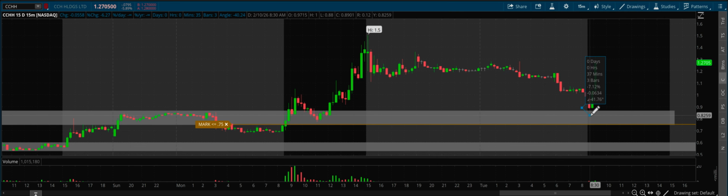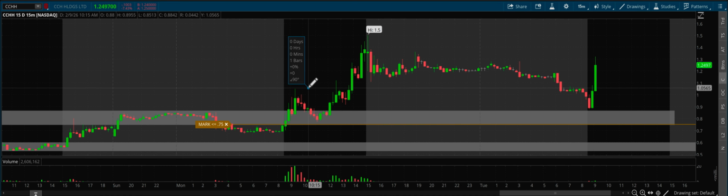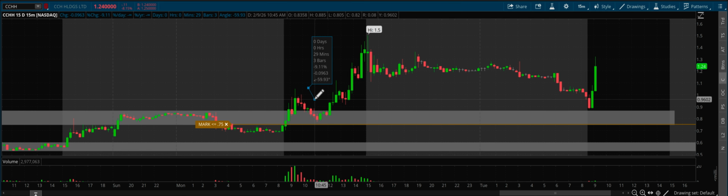So my risk is like 5, maybe 10, 15%, as opposed to buying a breakout or anywhere else on the chart, where you're looking at, I mean, 20 to 35%, right?